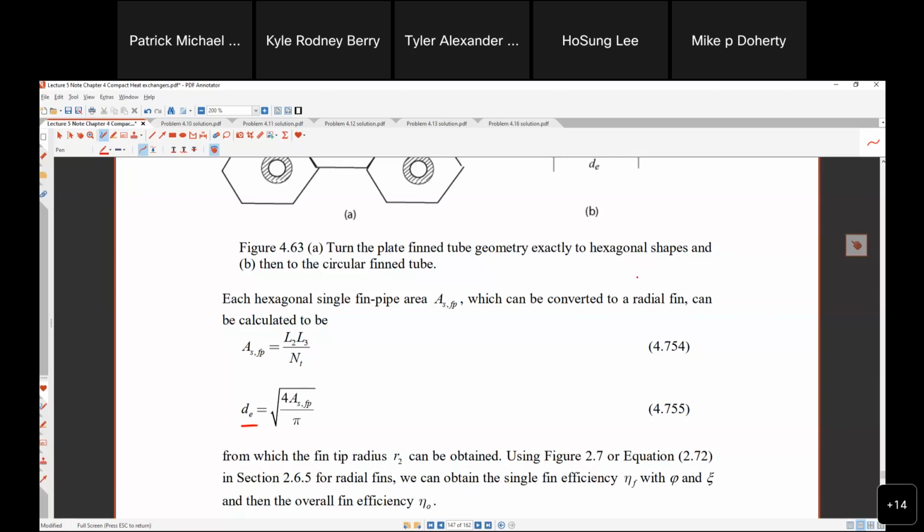But for 16, there's no example. For 16, you have to use your knowledge and previous information to figure out the fin efficiency, overall efficiency, everything by yourself. So 16 is challenging.